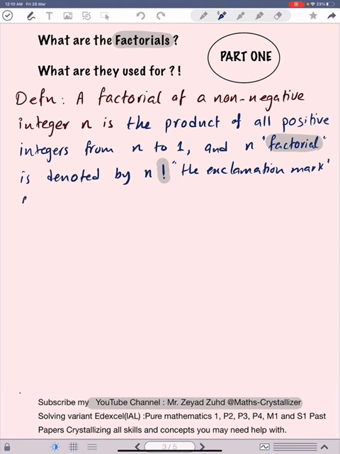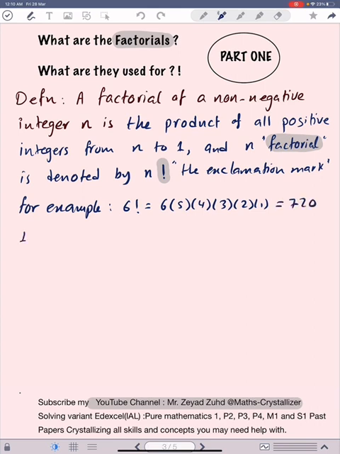For example, 6 factorial is the product of the number 6, the number before it, the number before it, till we get 1, which is 720.